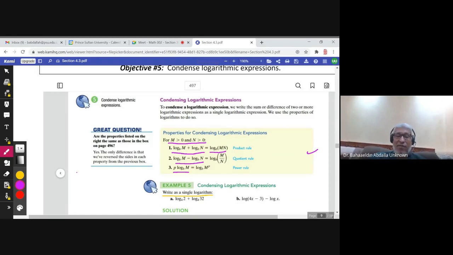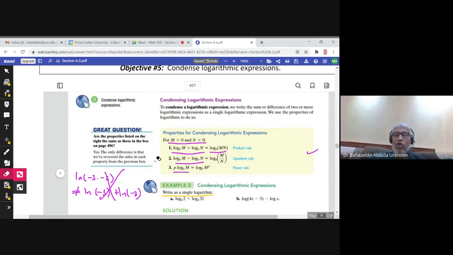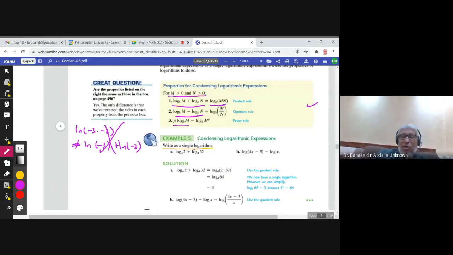If you have, for example, ln of negative 2 times negative 3, you cannot write it as ln negative 3 plus ln negative 2. This is not correct, because ln of a negative number is not defined. So we use these properties only if m and n are positive.